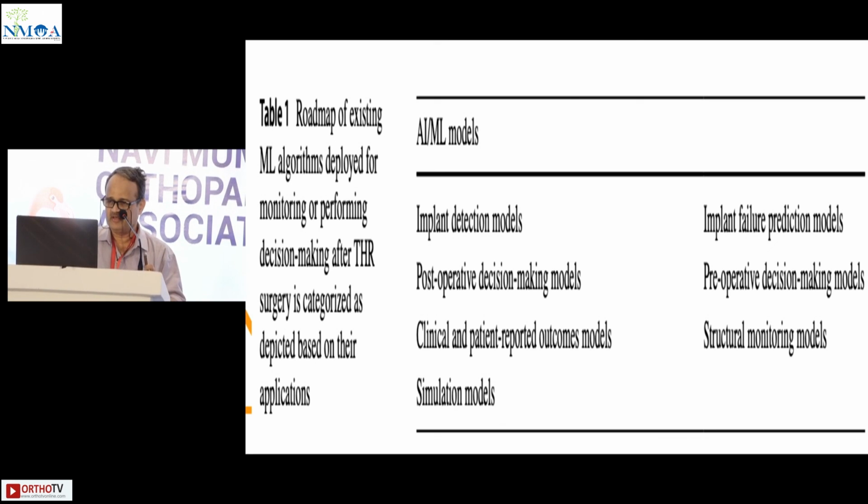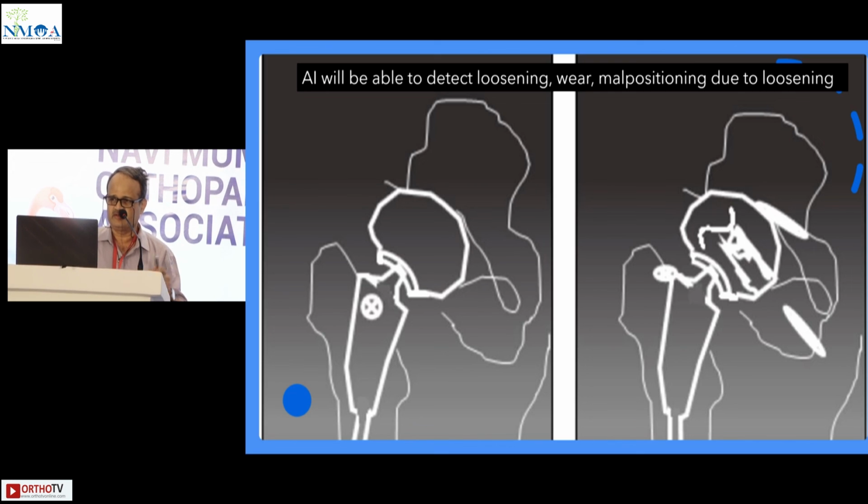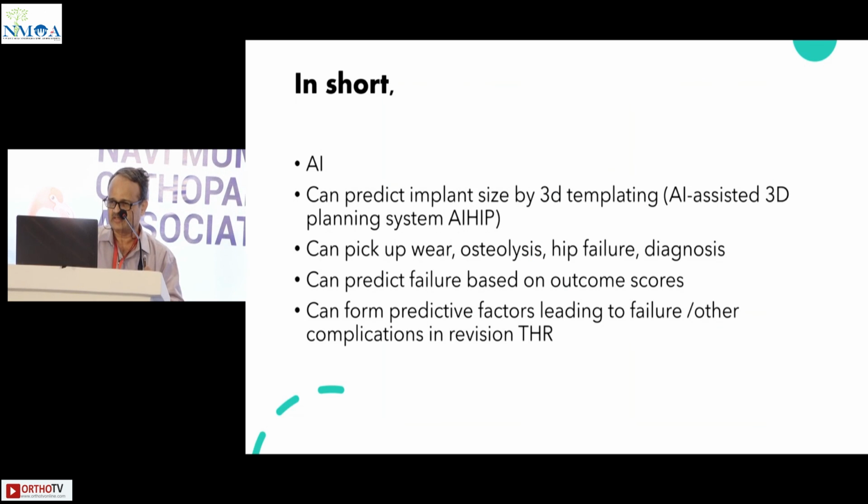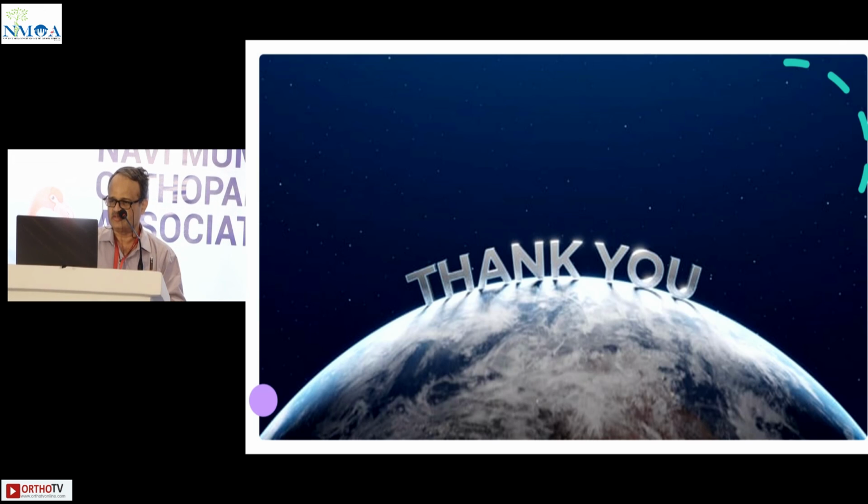They can detect early loosening, which is not possible by the naked eye or the human eye. And we have these clinical outcome scores, and based on this, perhaps artificial intelligence is going to tell us in the near future which hips are going to last and which hips will not last. They can predict implant size by 3D templating. It can pick up wear and osteolysis, hip failure, and predict failure based on outcome measures. Thank you.